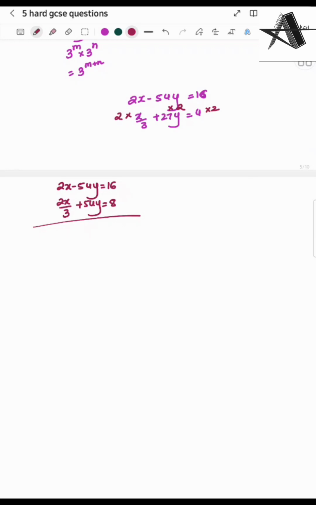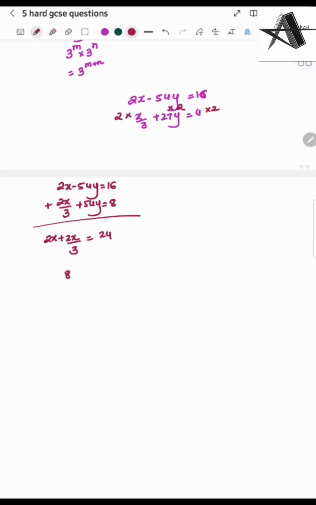If both have the same sign, then we subtract. But here they already have the opposite sign, so just add them up. So this will be 2x plus 2x over 3, minus 54y plus 54y is 0. You have successfully eliminated one variable. 16 plus 8 is 24.